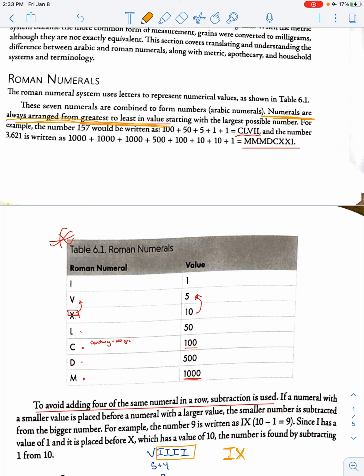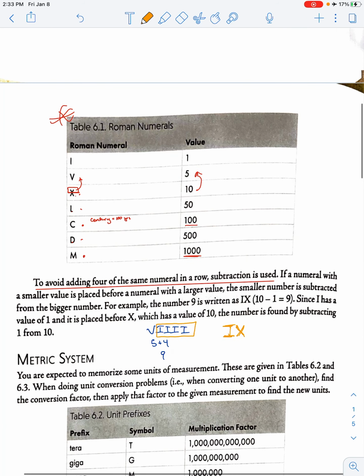That's the way we write Roman numerals, unless we want to subtract in order to avoid adding 4 of the same numeral in a row. So let's practice. Let's practice writing regular numbers as Roman numerals.